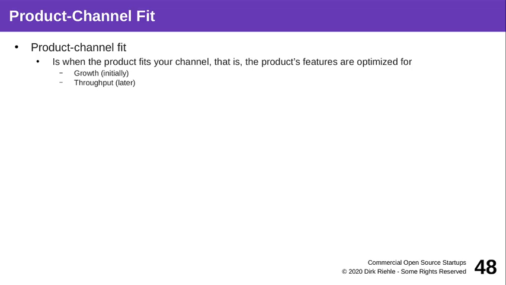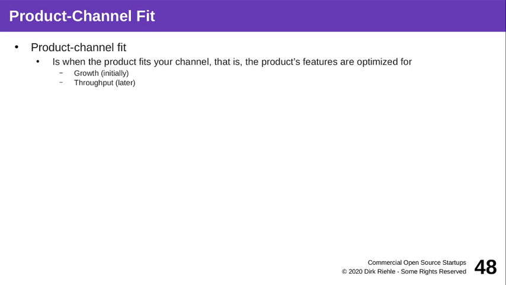So now you're optimizing for reaching particular market segments, and then of course the product is customized for that channel and that market segment. Well, the whole point of market segments is that different market segments need different variations of the product. So product channel fit is about finding the fit of your product variant with that particular channel through which you're reaching out and selling to your customers.